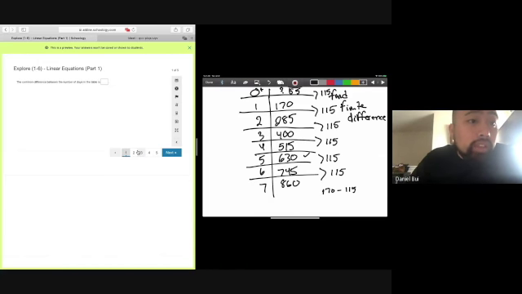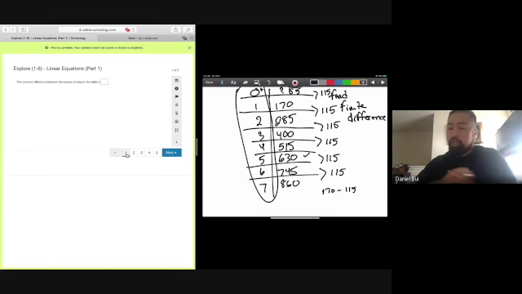What is the common difference between the number of days in the table? So if we look at the days, which is over here, the x value, what is it going up by? 1. So that's going to be the answer to that.